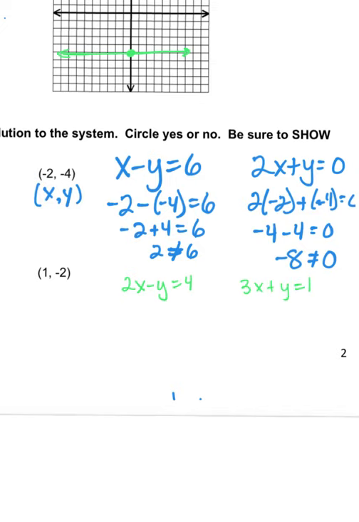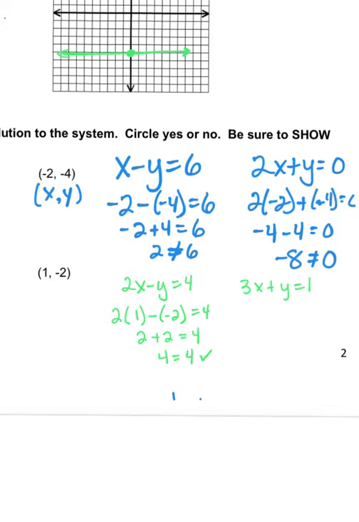They're asking if (1, -2) is a solution. So if I have 2 times 1 minus -2, does that equal 4? So 2 times 1 is 2, plus 2 equals 4. 4 equals 4. Yep, that one works.